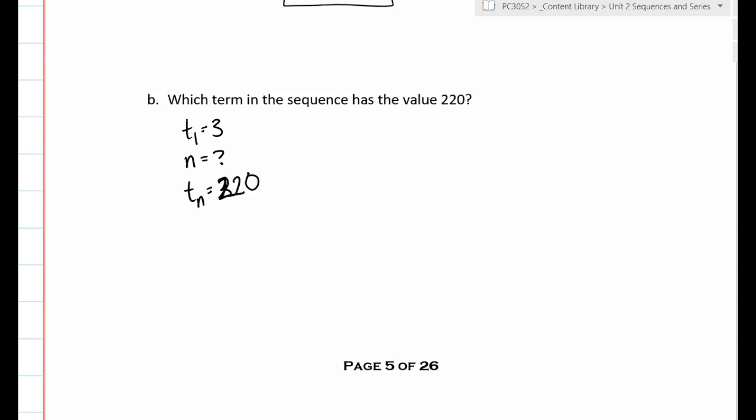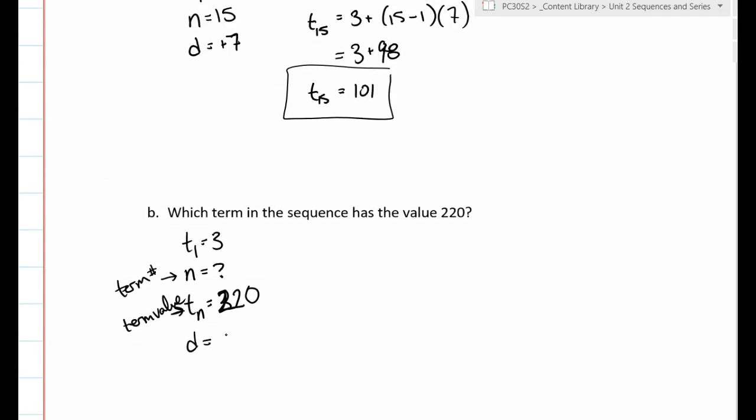So that's the difference between n and tn. n is strictly which term number, and tn is the term value. The common difference is still the same. We're still talking about the same sequence, so we're still going to be using +7.